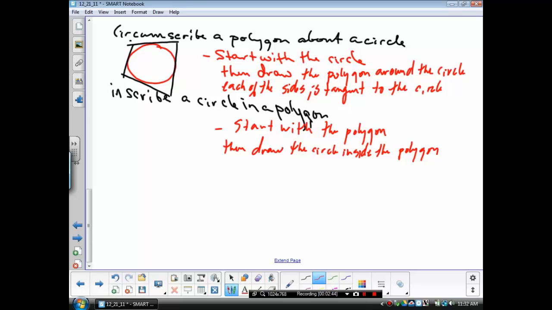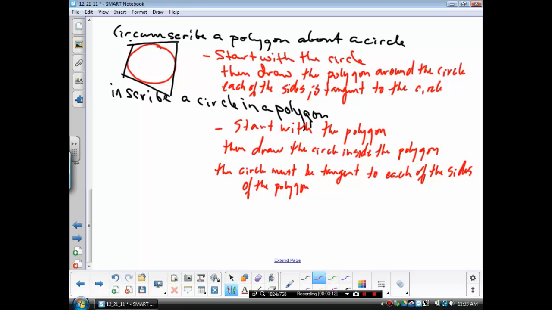The circle must be tangent to each of the sides of the polygon. So we have to start with the polygon. We're going to start with a triangle. And then we're going to inscribe the circle.